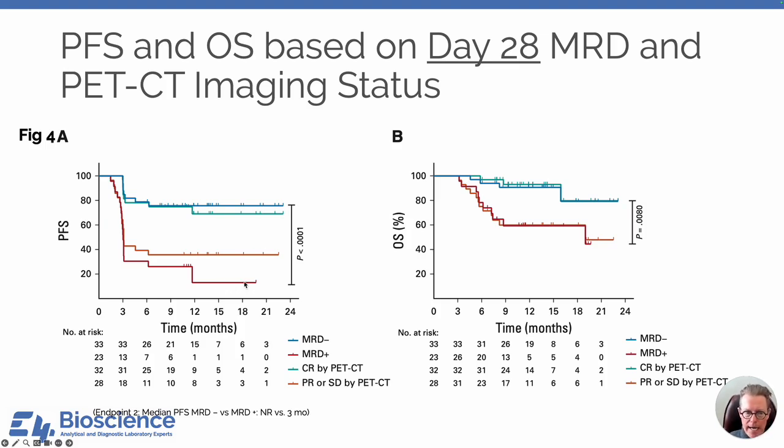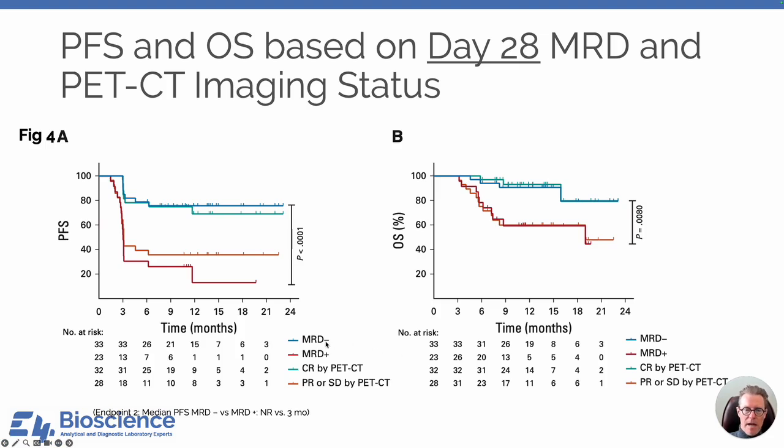So again, at day 28, and I kind of wish they'd moved the timeline in just a little bit here to make it a little clearer that this is day 28. So in this case, day 0 is actually day 28. It's a little confusing. But being MRD negative at day 28 is very statistically significant for any kind of progression event. And the same thing is true with survival.